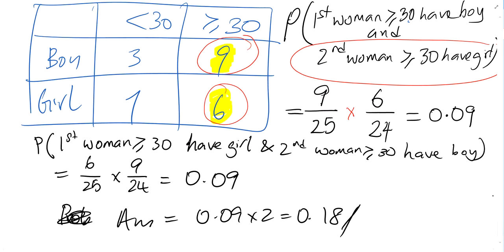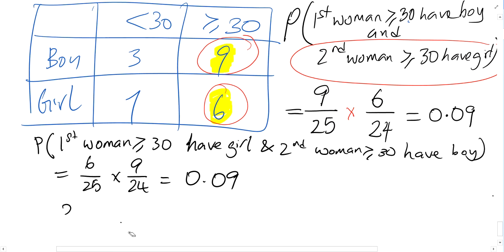Okay? This over here is the long-winded approach, which I feel is the clearest for you. With enough practice, you don't have to do all this. With enough practice, you will tell me straight away that in red color, answer equals to, there are two cases, can be boy, girl, girl, boy, 2 times.